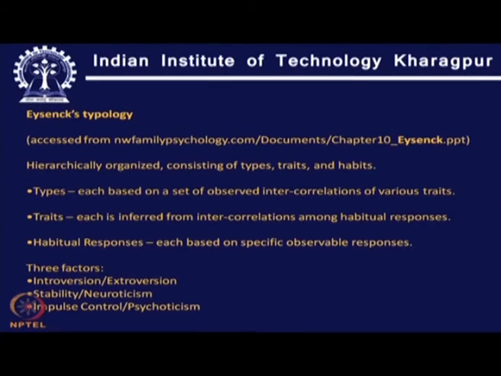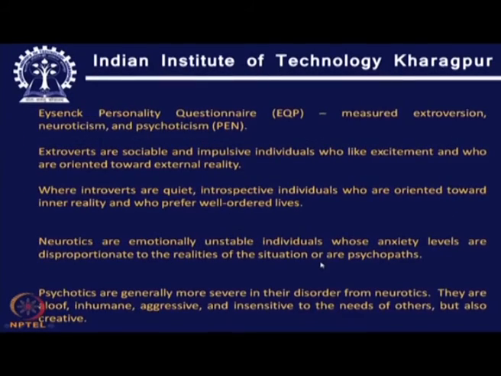Eysenck classified types based on three factors: introversion-extroversion, stability-neuroticism, and impulse control-psychoticism. So, if you can see the hierarchy, habitual responses define traits and traits define the types of individuals. Extroverts are sociable and impulsive individuals who like excitement, whereas introverts are quiet.